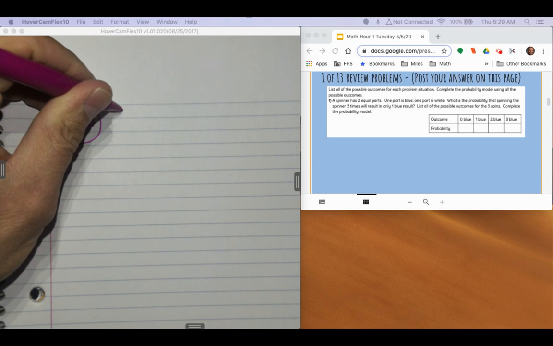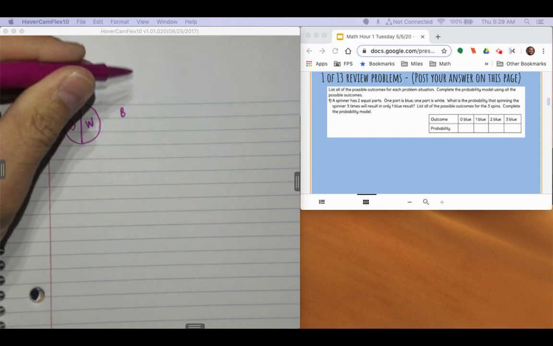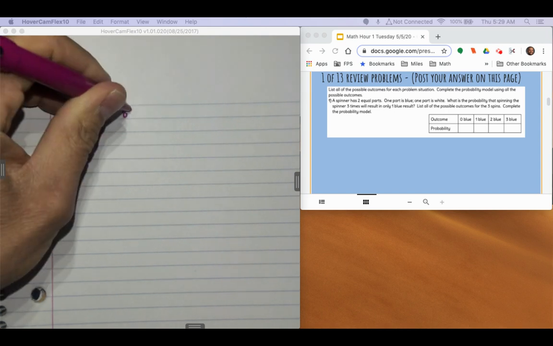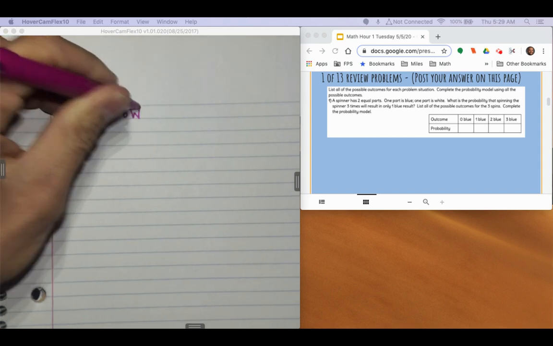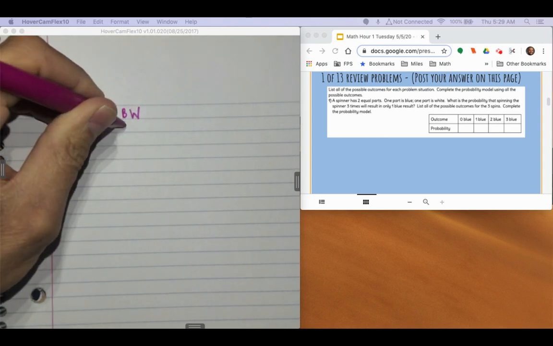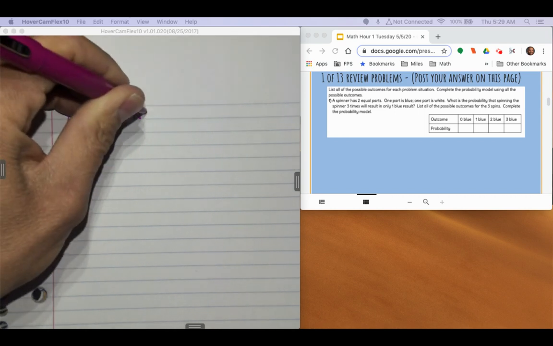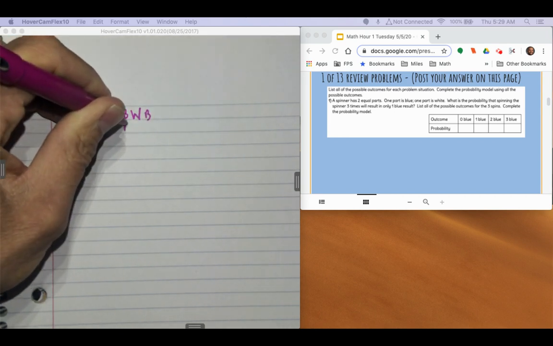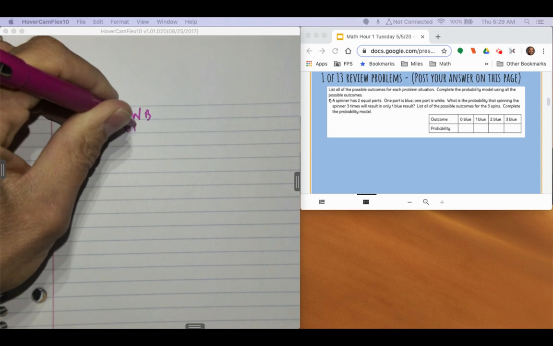So if my first spin is blue, my second spin could be white, and then my third spin could be blue. My first spin is blue, my second could be blue, and then my third could be white.